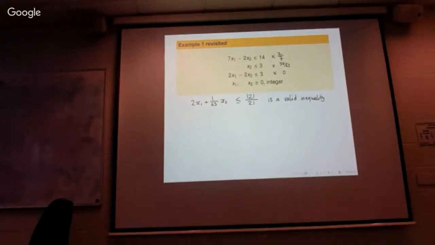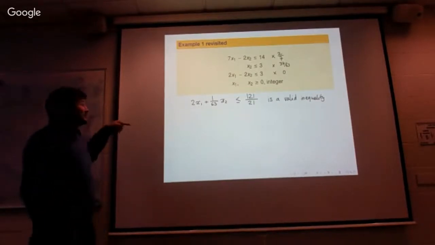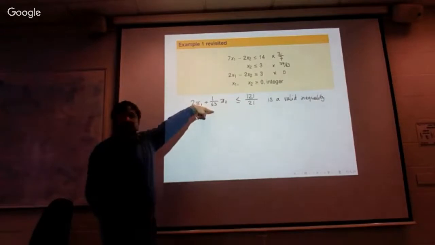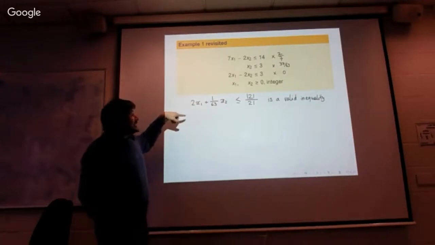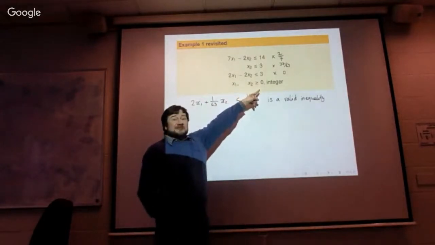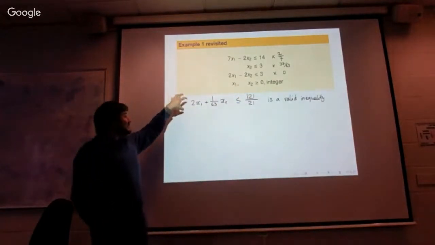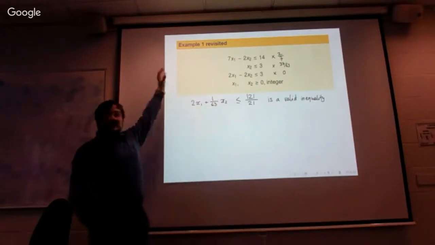Okay, now the trick we learned last week was, if we have a valid inequality like this, what we can do is round down all these coefficients for the x's. And this is still going to be a valid inequality, and that is because both x1 and x2 are non-negative. So if we take a smaller multiple of x1 and a smaller multiple of x2, we're certainly not going to make it larger than what it was.